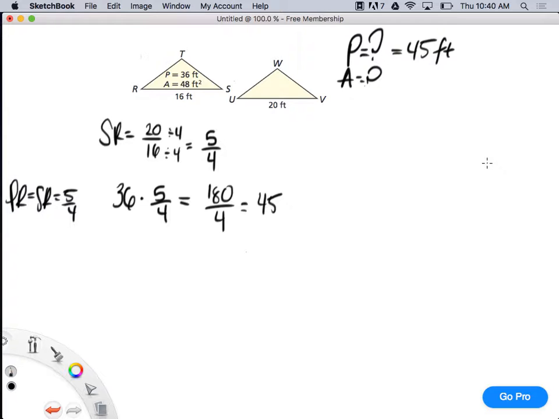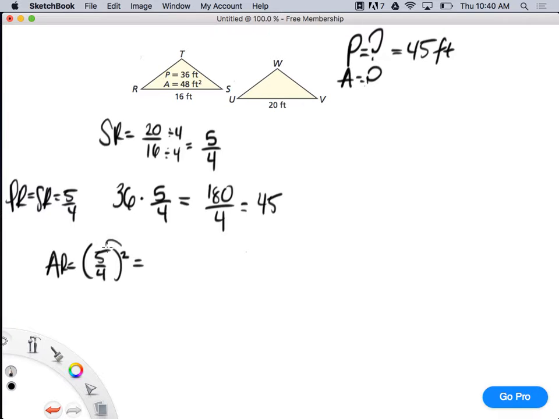Now, with the area, I can't just use that ratio, right? I have to find the area ratio. But what did I say the area ratio was? The square of the similarity ratio. Okay? So it's 5/4 squared is the area ratio.